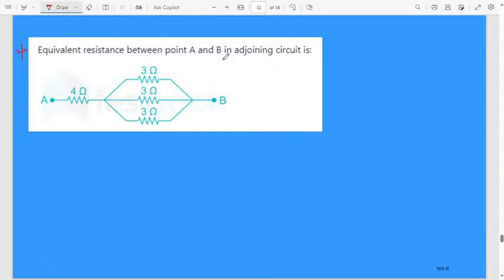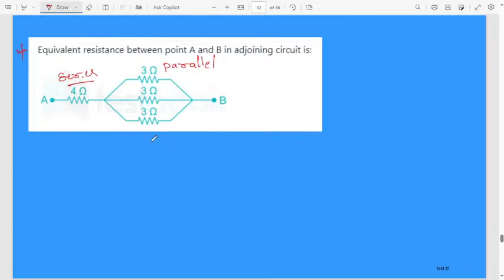Equivalent resistance between the points. Here consider the 2 points A, B. Here see these three resistances, 3 ohm, 3 ohm, 3 ohm, they are connected in parallel. Then these three with 4 ohm are connected in series.